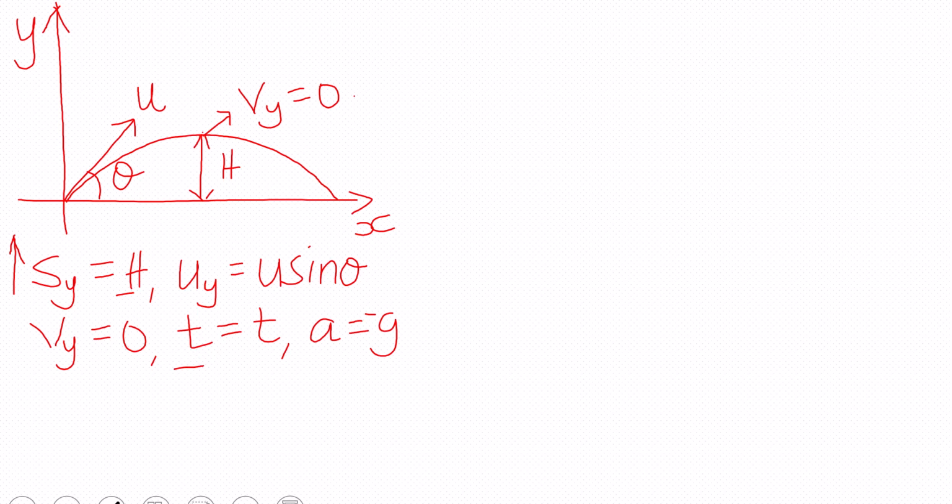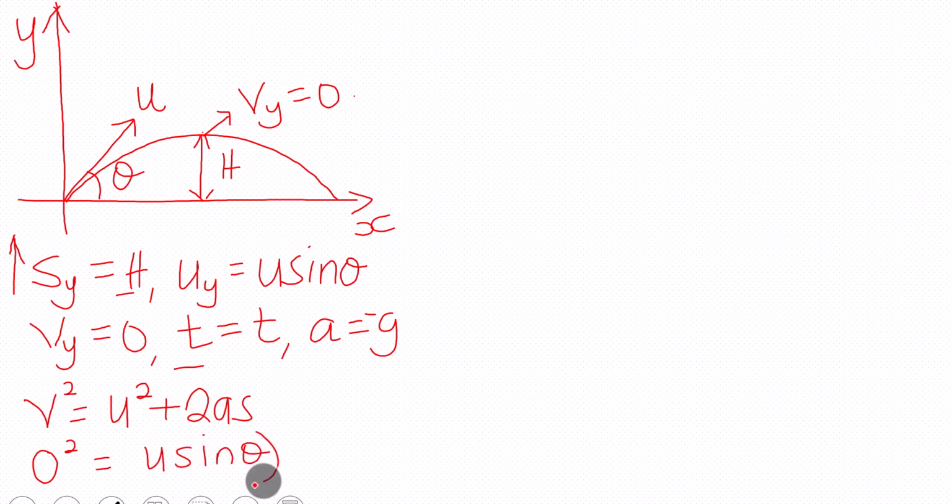So let's see, if we are using the third equation of motion, we know that v squared is equal to u squared plus 2as. If I substitute, my v will be 0 squared equal to u, and we have sine theta, and this whole thing is squared, minus 2g, and our s is h, which we are looking for.